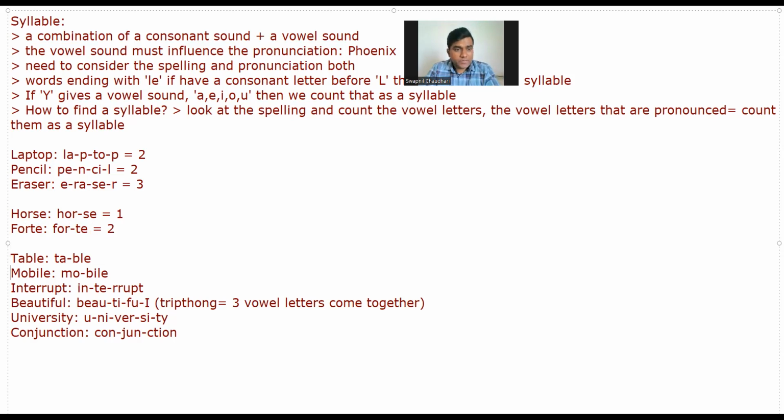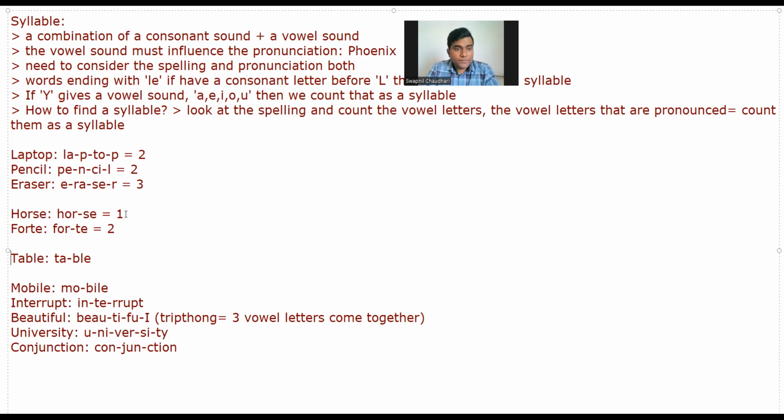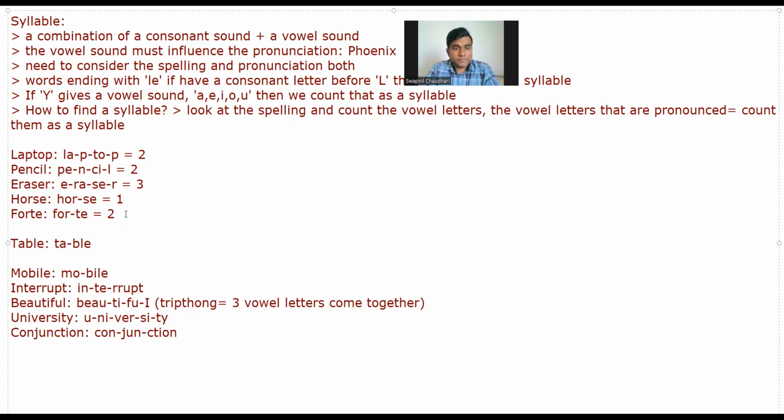So I hope that concept is clear now. Now the next word that we have over here is table. Okay? Table. So how many vowel letters do you see? 1 and 2, right? 2 vowel letters.